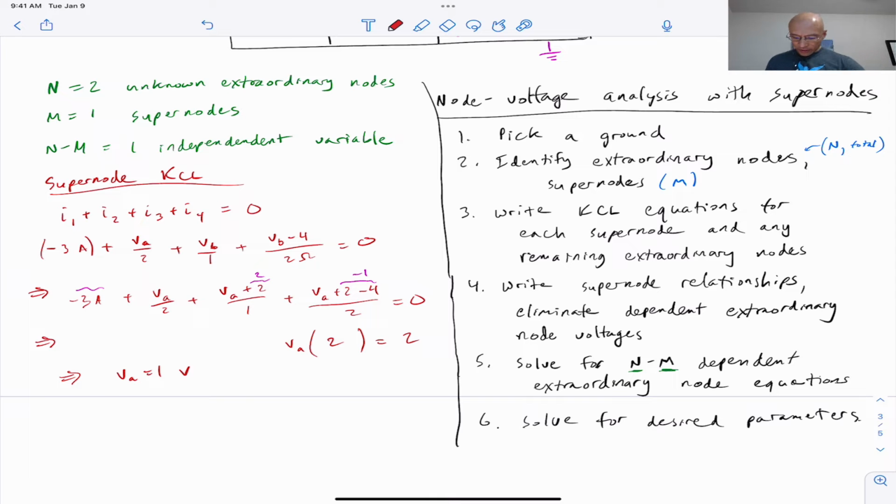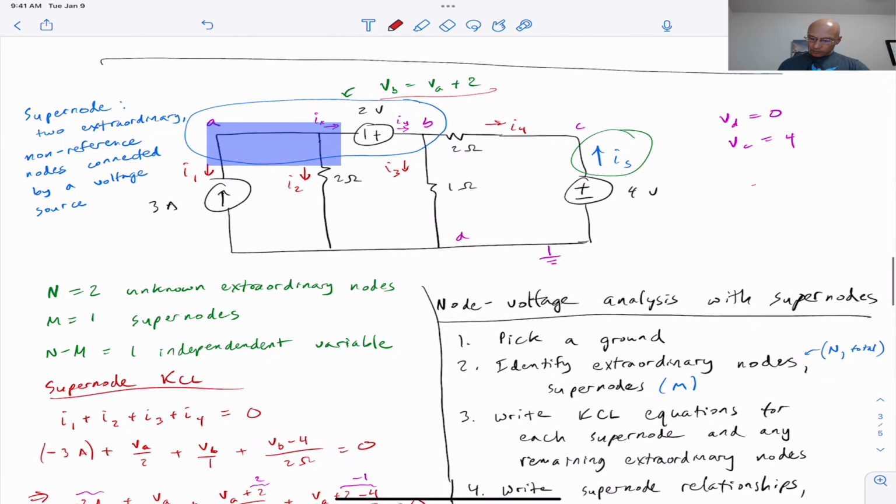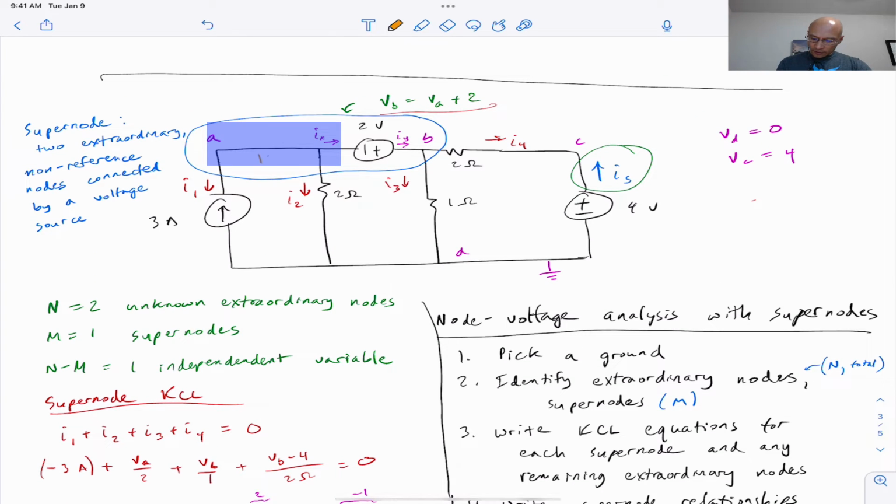Before we go on, we just want to double check that. So we're saying that this is 1 volt. The voltage source then makes that this be 3 volts. And that means we have 1/2 amp coming down this way. We have 3 amps coming down this way. And then we have 3 minus 4 divided by 2, so that's negative 1/2 amps going this way.